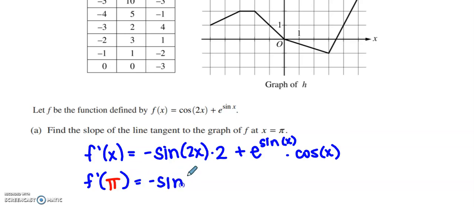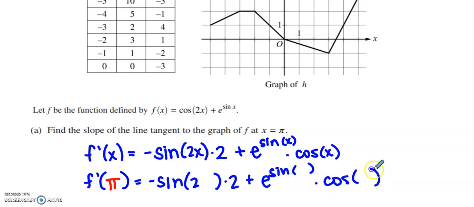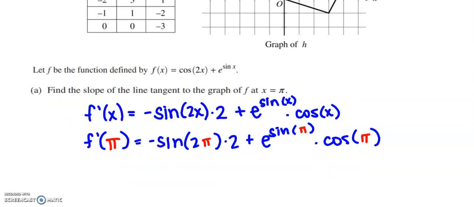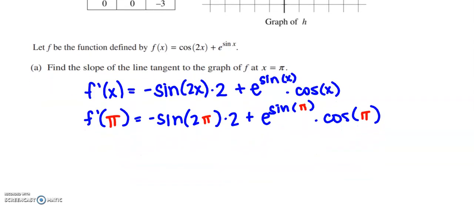So negative sine of 2, I'm going to write the pi in just a second once I have my red ink out again. So I got a pi here, and a pi here, and a pi here. All right, so technically, this is now evaluated, and you could stop. But let's show the AP graders that we know our unit circle.